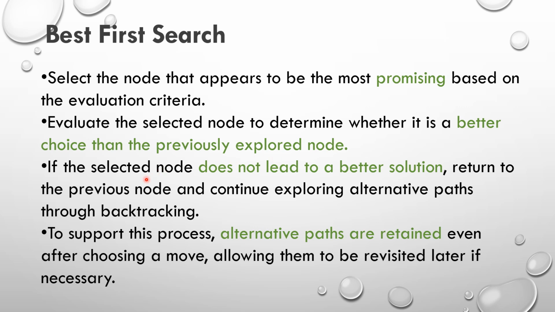If the selected node does not lead to a better solution, return to the previous node and continue exploring alternative paths through backtracking. So this backtracking is the important point while solving the best first search problems. To support this process, alternative paths are retained even after choosing a move, allowing them to be revisited later if necessary.